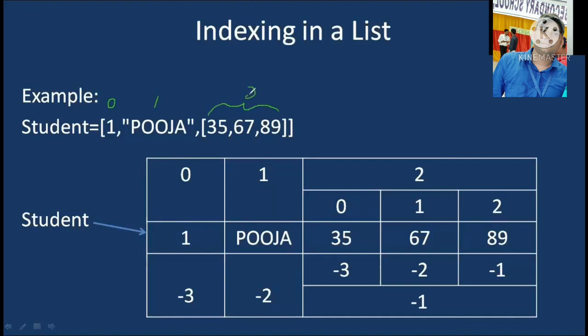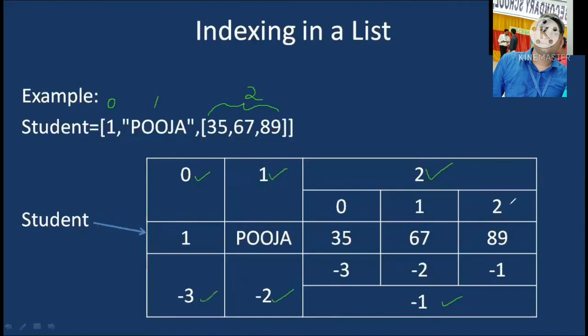Index 0 is the roll number 1, Pooja is at index 1, and 35, 67, 89 is at index 2. Pooja is obviously the name of the student and 35, 67, 89 are maybe the marks in class 10. It means Pooja's roll number is 1, Pooja is the name, and she obtained marks 35, 67 and 89. The indexing is 0, 1, 2, this is forward indexing. The marks 35, 67, 89 all come inside index 2. Also look at their negative indexing, -1, -2, -3.